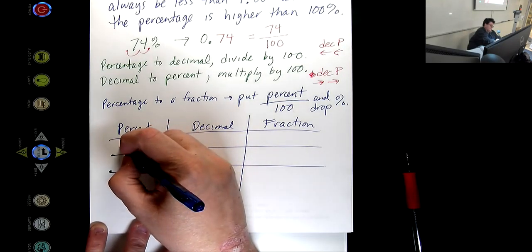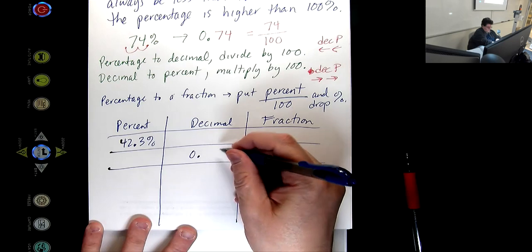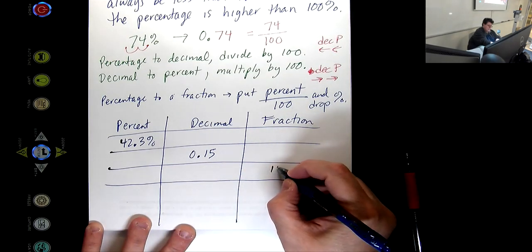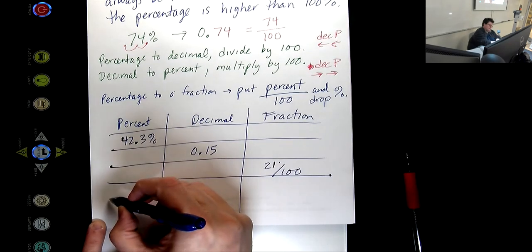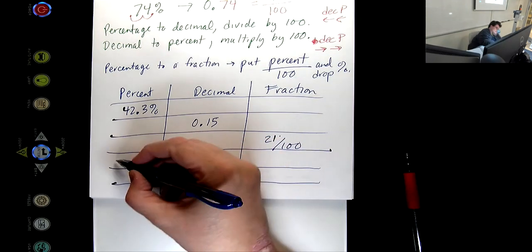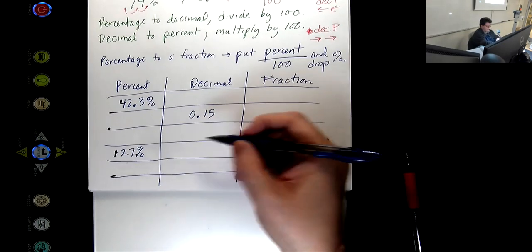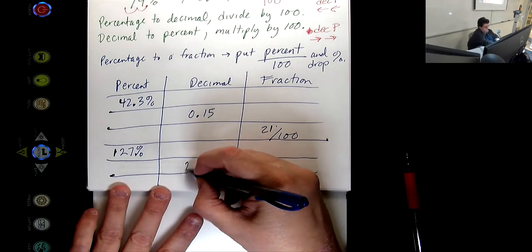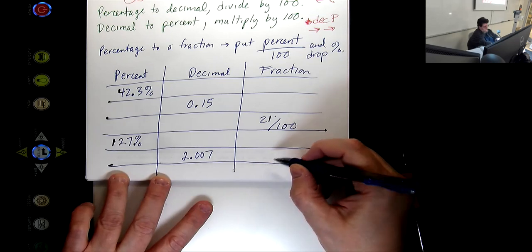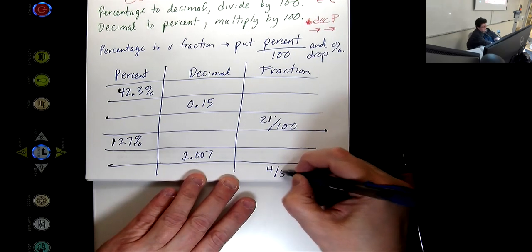So let me give you 42.3%. Let's kick it up a notch. Let's make it so it's not divided by 100 there.